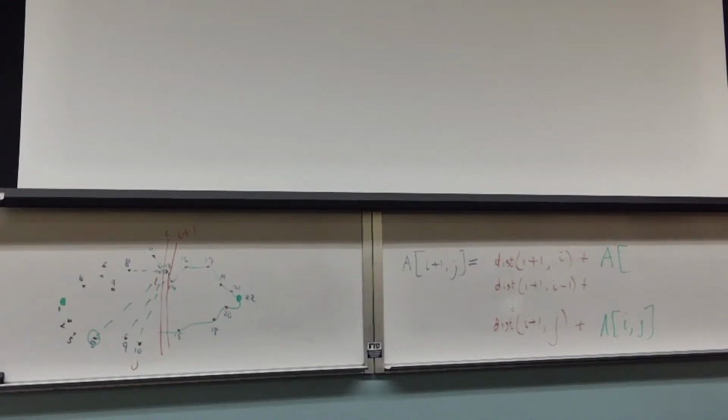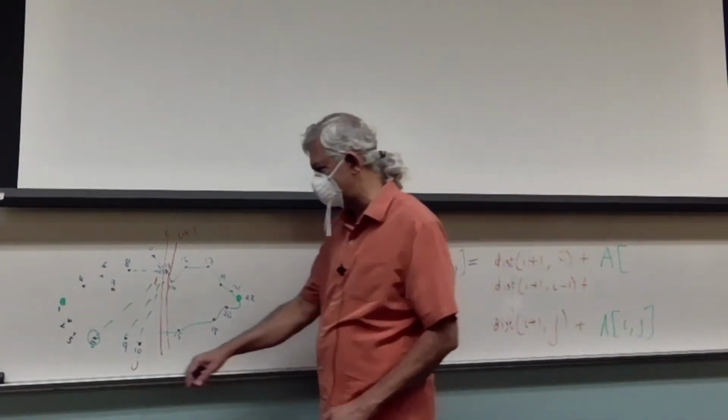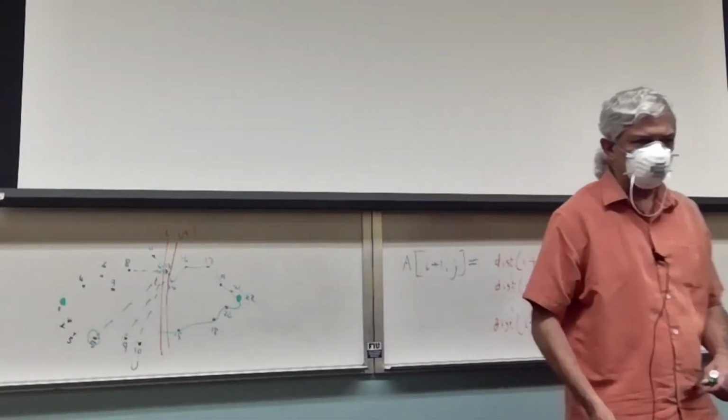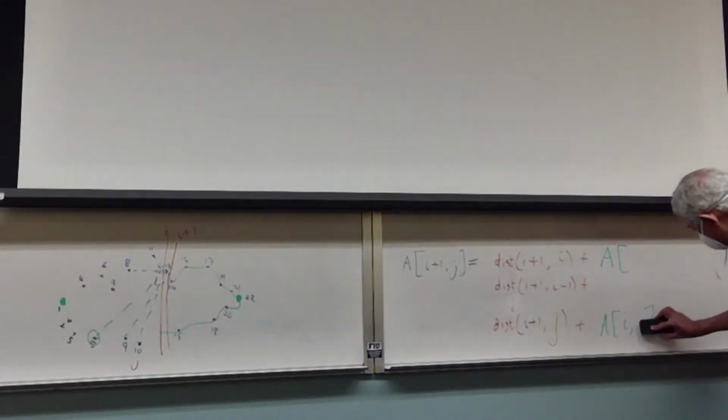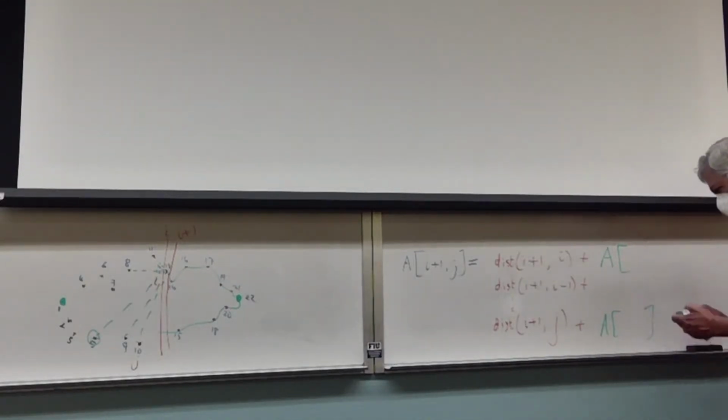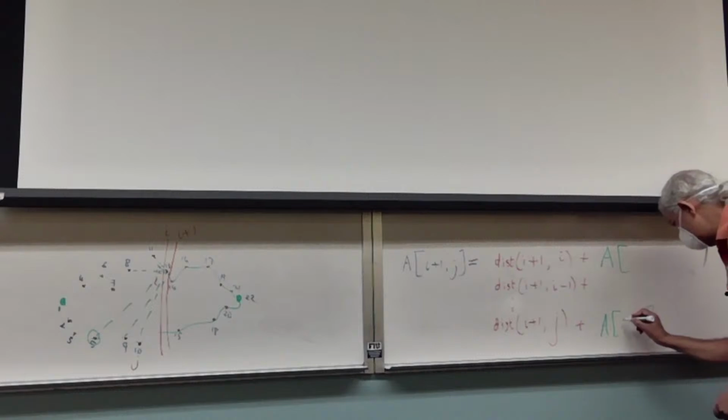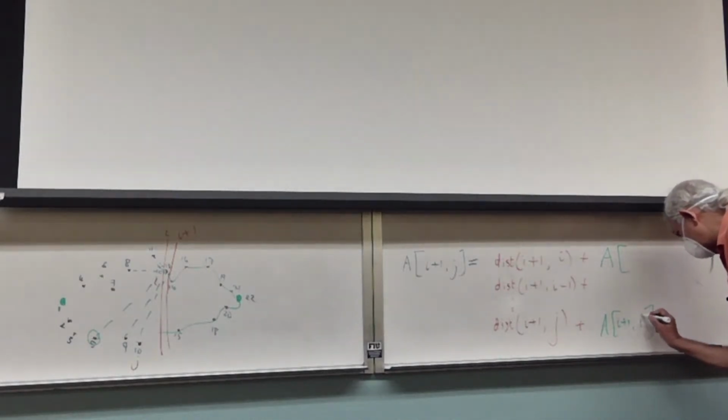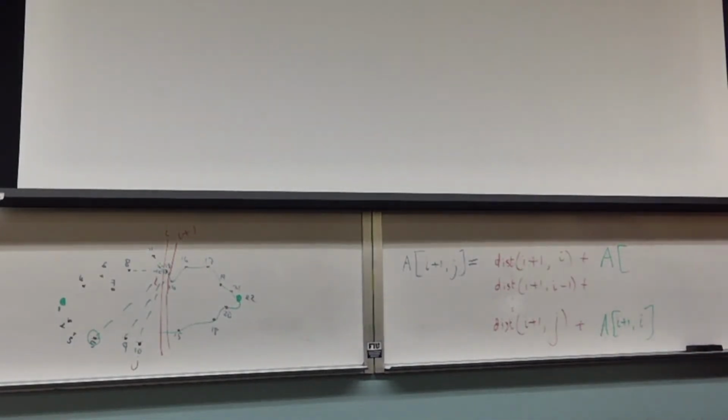Sorry, I think I made a mistake here. What am I doing? Oh, sorry, this is a mistake. I'm so sorry. If I plus 1 gets attached to J, this should be I plus 1 and I, not J. Why?